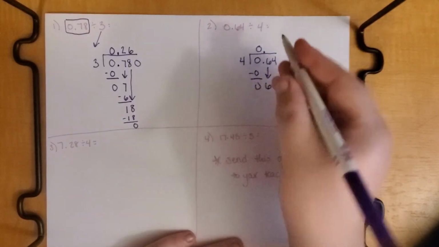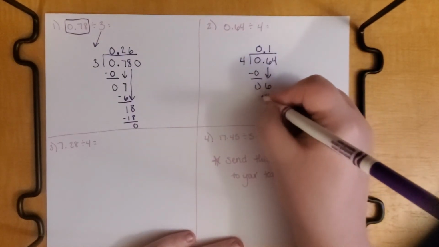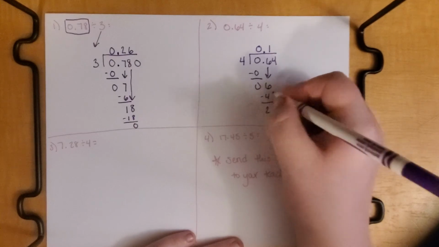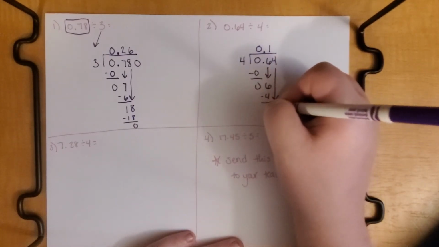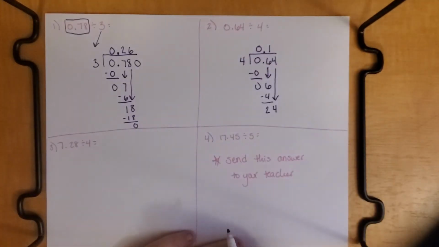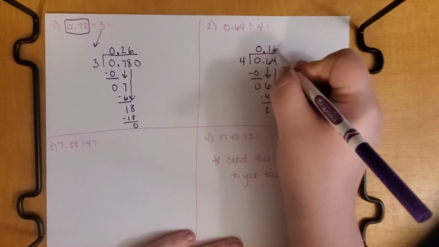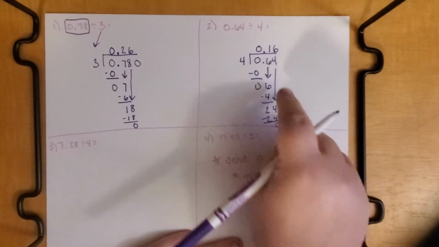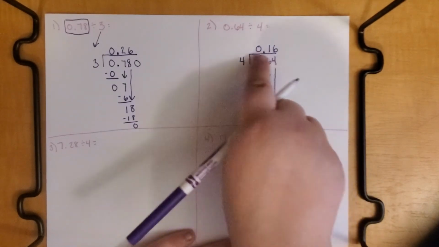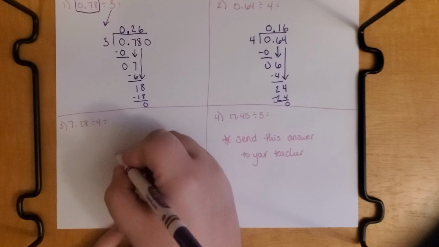I can put that in there one time, I make one group of 4, which left me with 2 tenths, which I'm now going to call hundredths because I can't work with them as tenths anymore, giving me 24 hundredths. And we know that 4, 6, and 24 is a fact family. No remainders. But again, if I had one, you would just add a 0, bring it down, and then keep doing your math.